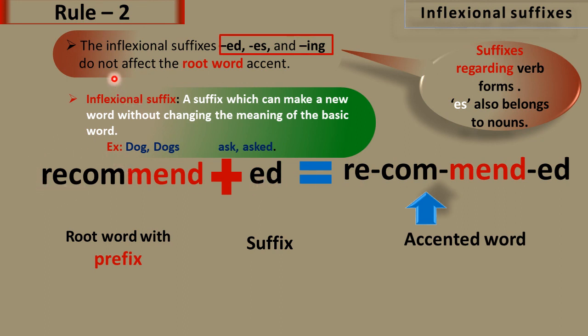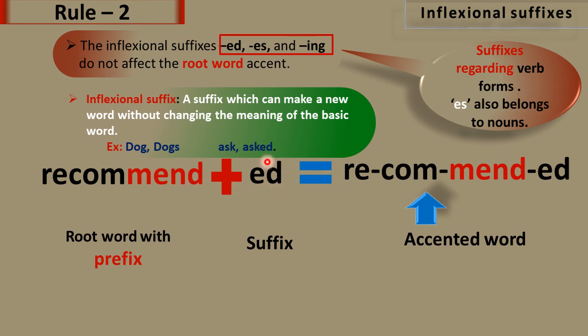And what is the rule? The inflectional suffixes ed or es or s or ing cannot affect the root word accent. What is the root word? The root word is recommend. Coming to the root word, where is the stress? In the root word the stress is again on mend.